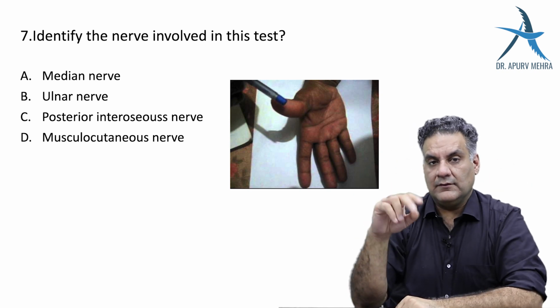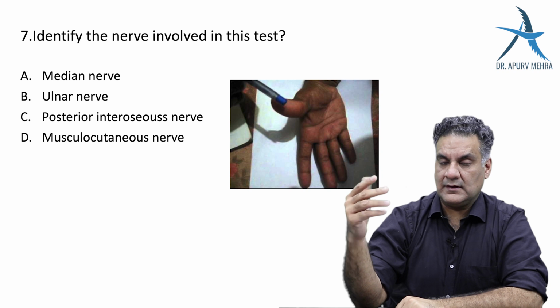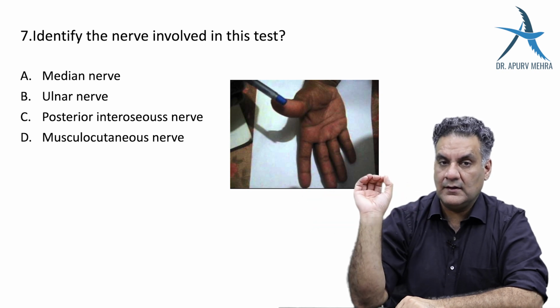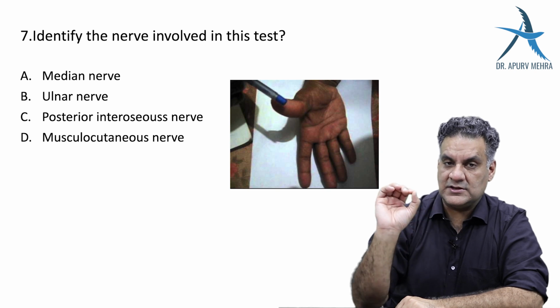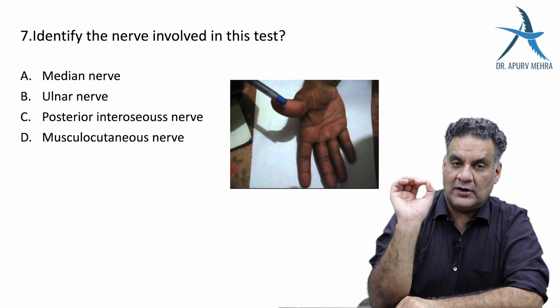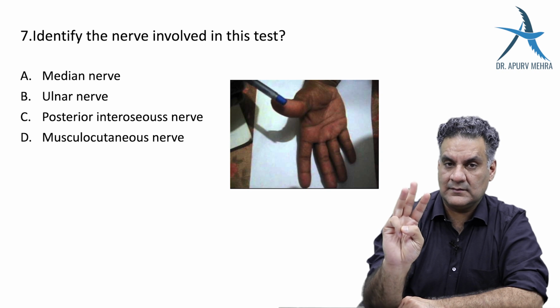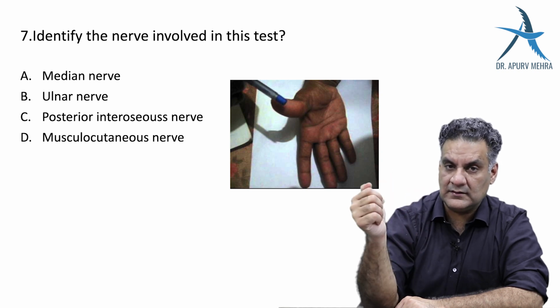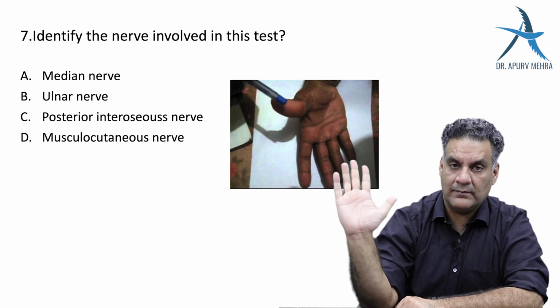Two nerves which somehow examiners love, anterior interosseous nerve and posterior interosseous nerve. The anterior interosseous nerve, they love it because it supplies three muscles: pronator quadratus, flexor pollicis longus, FDP lateral half.